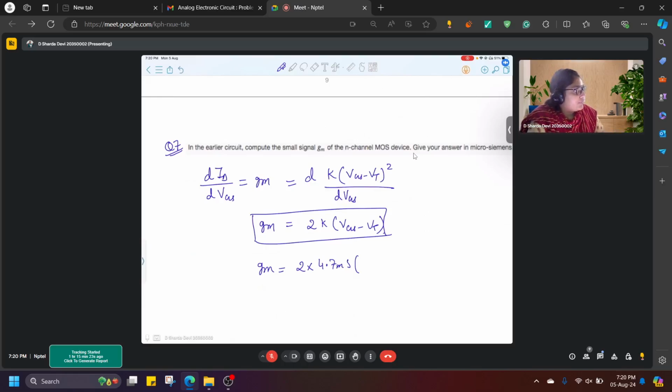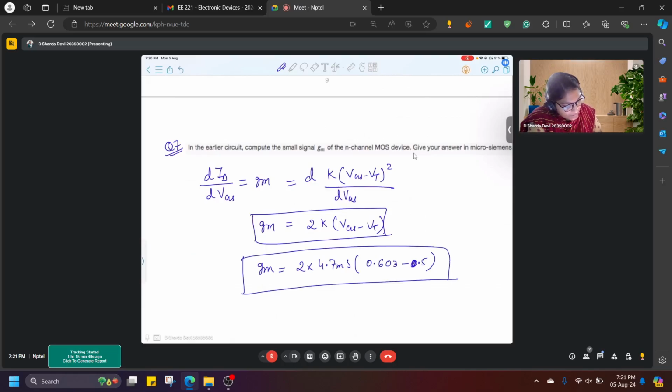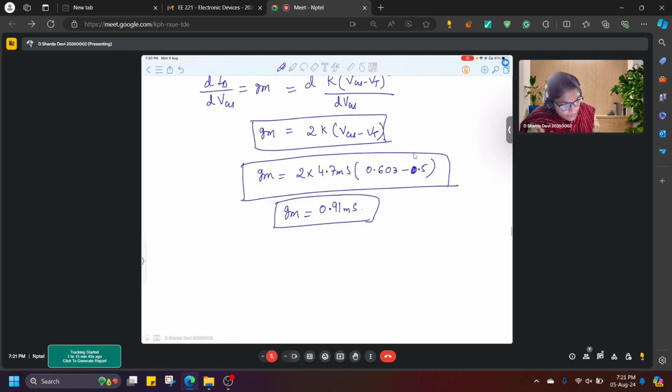So VGS minus VT, if you find out, it is 0.603 minus 0.5. From here, gm turns out to be 0.91 millisiemens. Or you can again modify this formula by multiplying and dividing it with VGS minus VT.